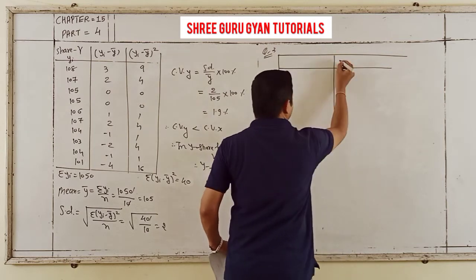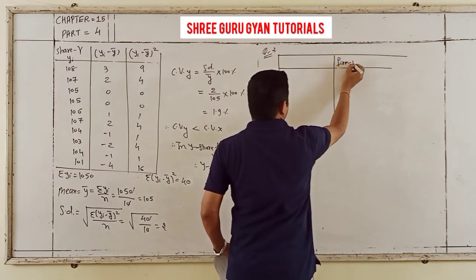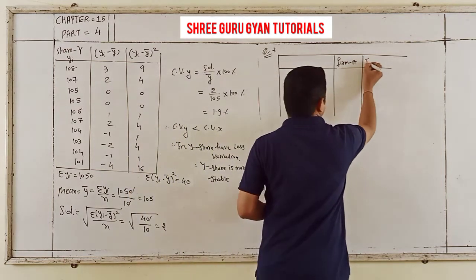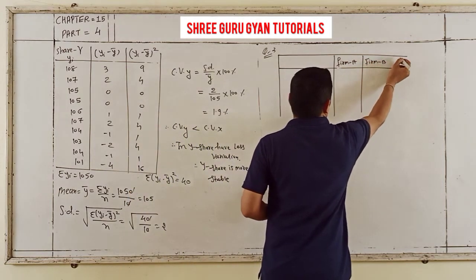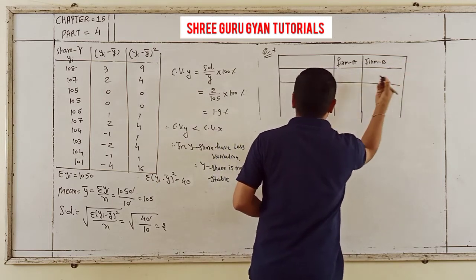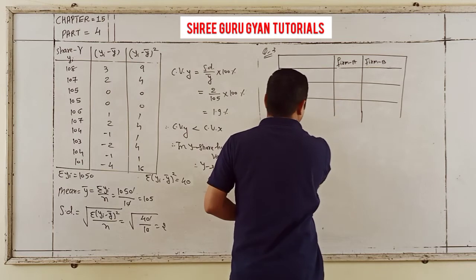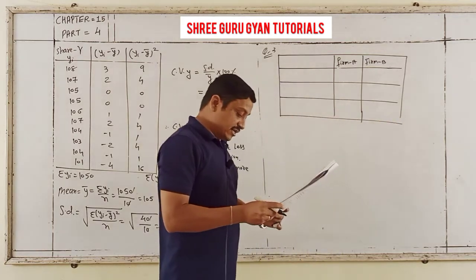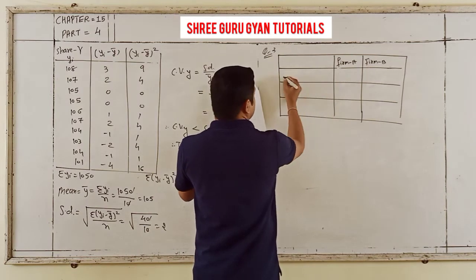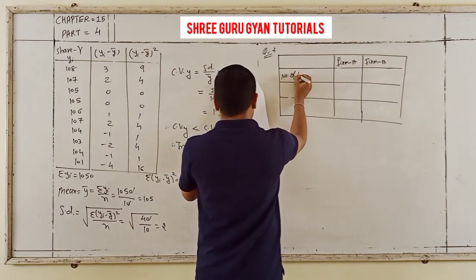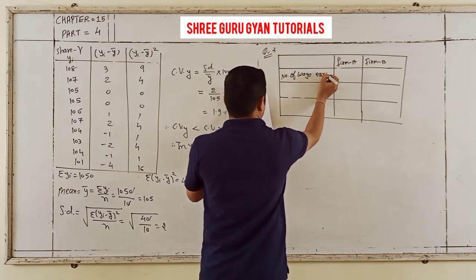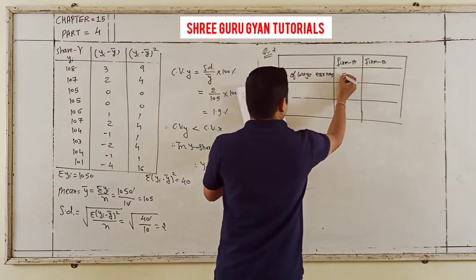Here firm A, and secondly the firm B. The number of wage earners is 586 and 648.